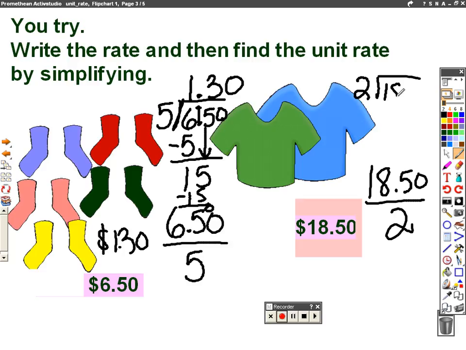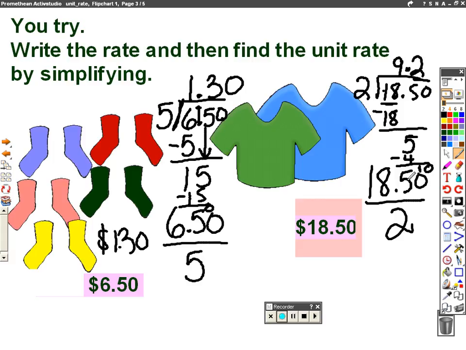2 into $18.50. Line up my decimal. 2 does not go into the number 1, so I need to move over. 2 goes into the number 18 9 times. I still have numbers up here, so I have to bring them down. 5. 2 goes into 5 2 times, and 2 times 2 is 4. And when I subtract, I get 1, and bring down the 0, I get 10.